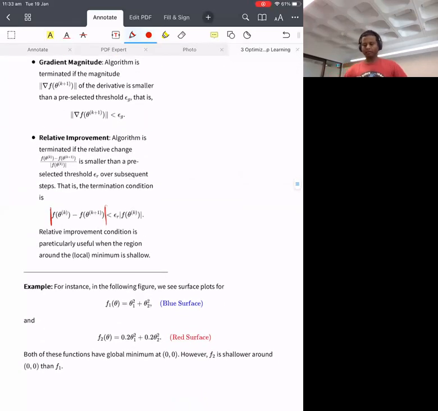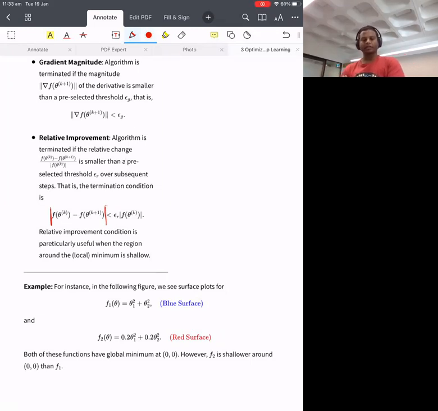The other thing is that when you are training a neural network, we do gradient descent on the function f, which can be the training loss. But when you're checking the termination conditions, you might do it with a validation set.